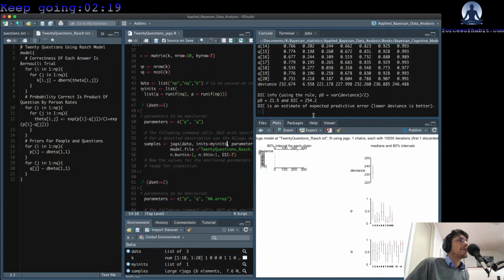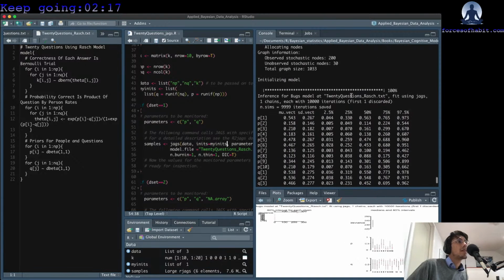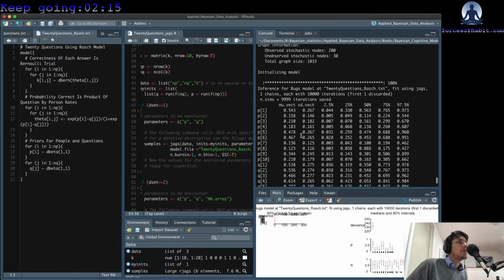We get very different results here. I'm not sure the scale of these, but it looks like this time around, subjects 1, 5, and 7. Oh, 1, 5, 6.